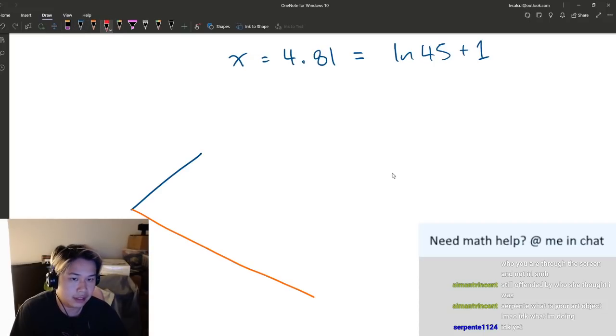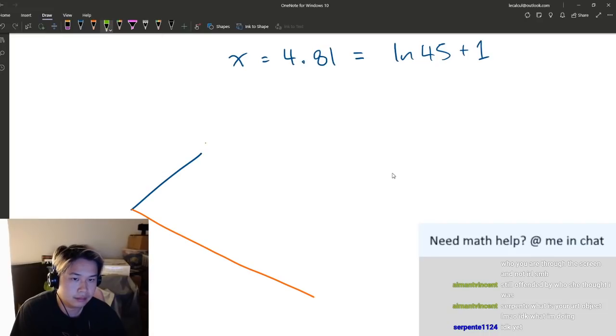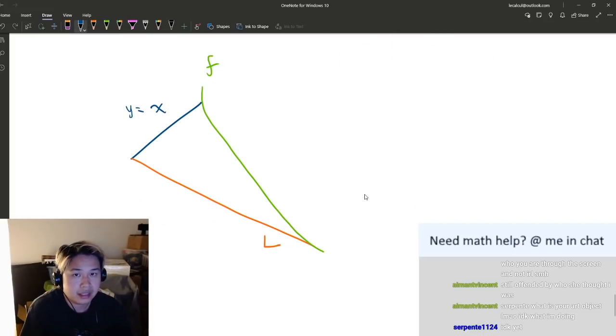And then you have the function, which is in green. So this is your function. This is L. And this is, let's call it x, I guess, because it's y equals x. And then we want to find the area of this shape. You have to split this up into 2 sections.